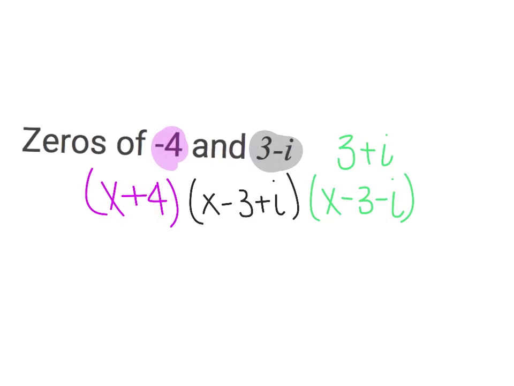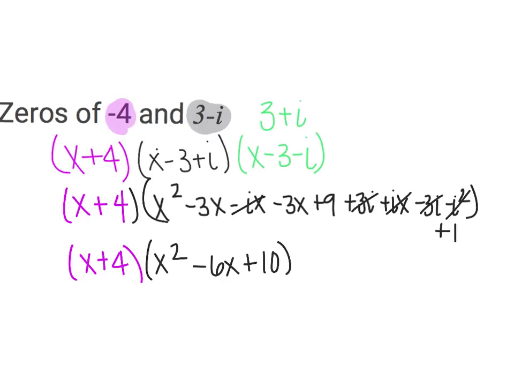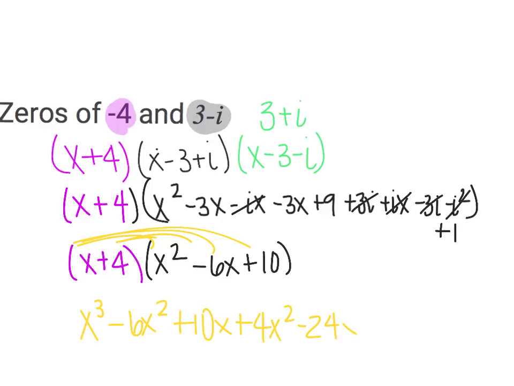I'm about to pause it, and I'm going to do all the math, and then I'll unpause it. So you probably should do the same. Doing all the distributing with the x minus 3 plus i and the x minus 3 minus i, we get x squared minus 6x plus 10, and then we FOIL that. So x cubed minus 6x squared plus 10x plus 4x squared plus 24x, minus 24x plus 40.